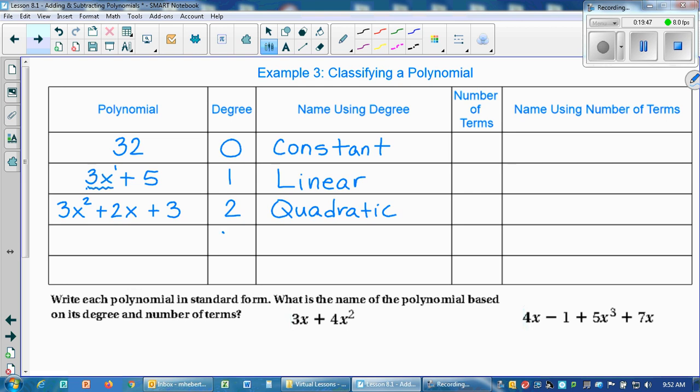Then we're going to talk about a degree of 3, which means our highest exponent that we see will be a 3, whether it's one monomial or a group of monomials, as long as the highest exponent we see or the highest sum of our exponents creates a 3. This makes it a degree of 3, which is called a cubic.